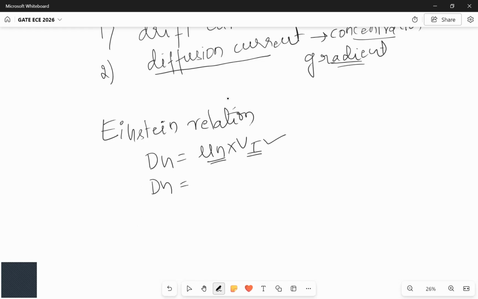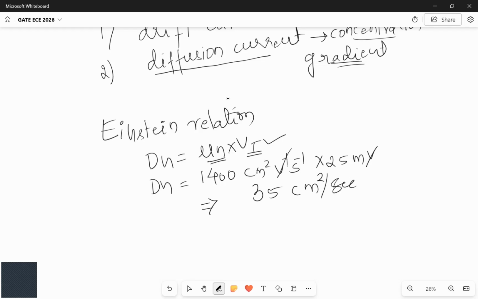In our question, mobility is 1400 centimeter square per volt per second, and Vt is 25 millivolt. This will come around 35 centimeter square per second, as the voltage cancelled. So we got the diffusion coefficient.